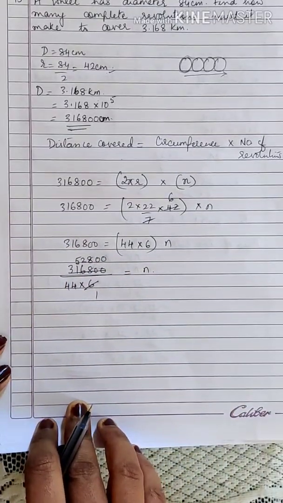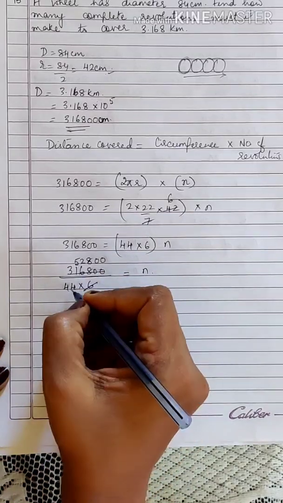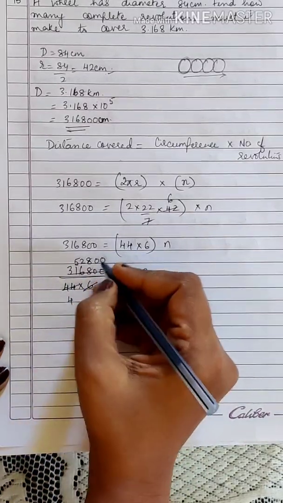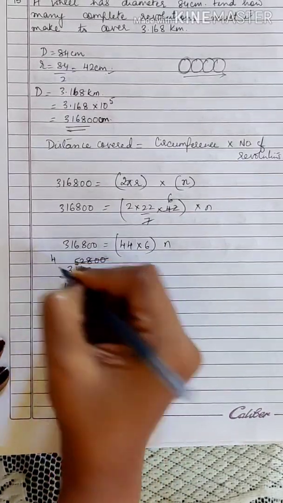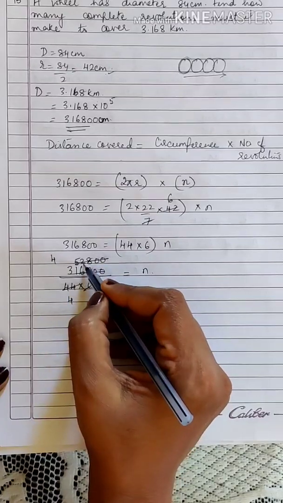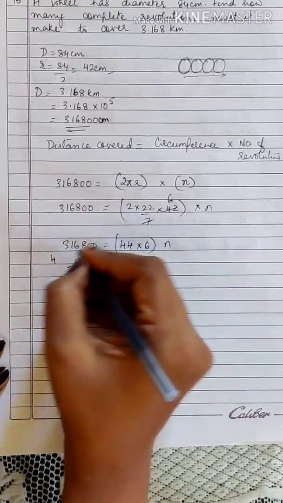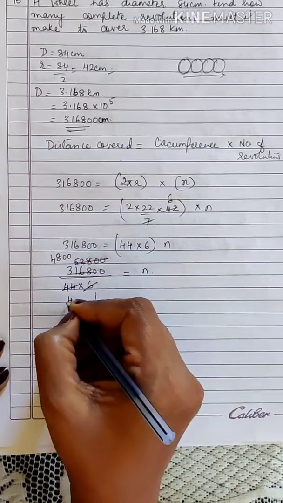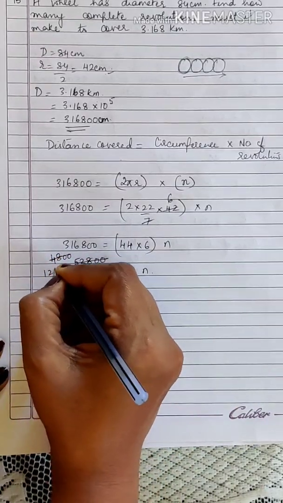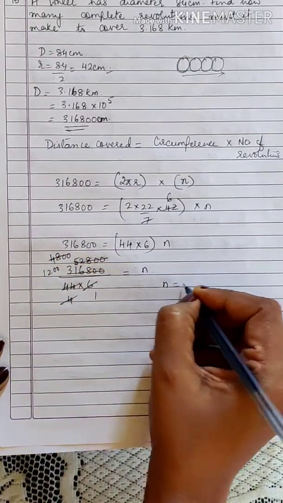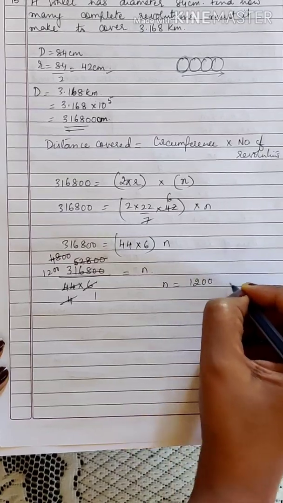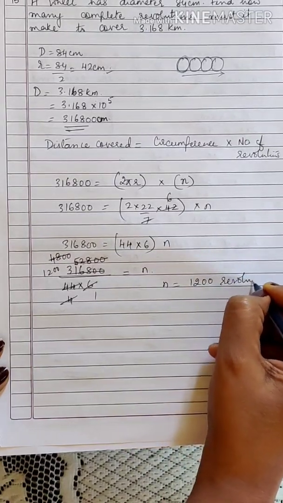Now you can use 11 4s are 44, 8 8s are 88, 0 0, 4 1 2 0 0. So n will be equal to 1200 revolutions.